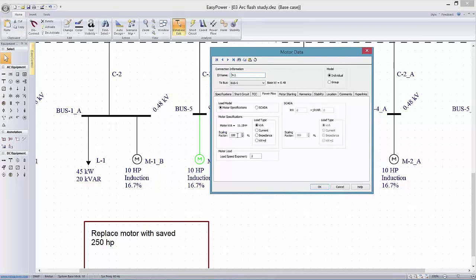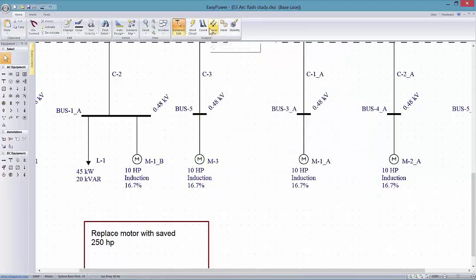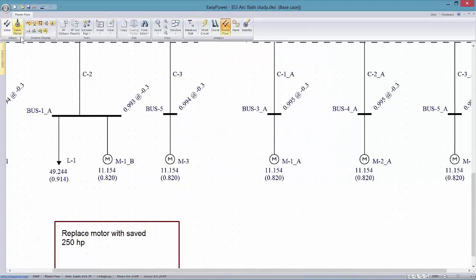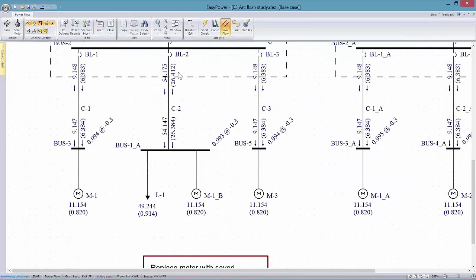Probably most important is the scaling factor, because as we go into power flow and look at voltage and current, what we see is the quiescent current. These are the kilowatts and kilovars that are flowing in this particular branch.